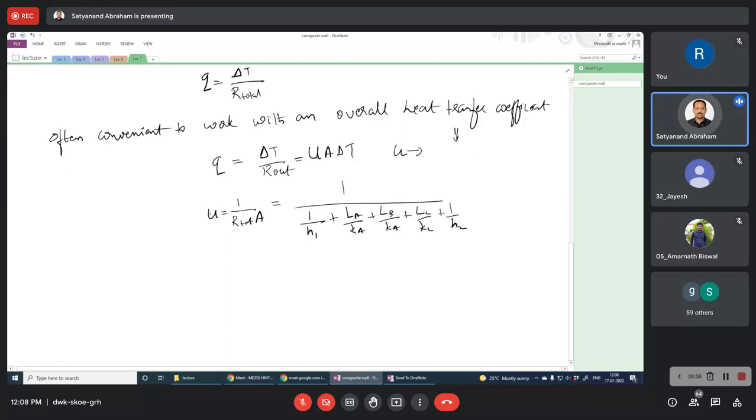That is the overall heat transfer coefficient for this particular example.